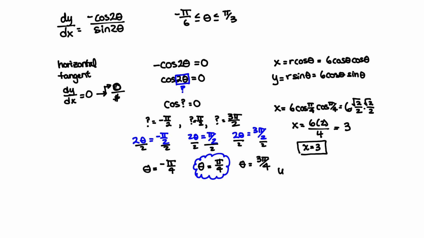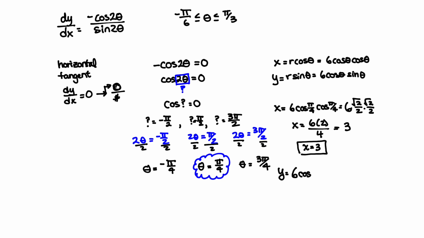And how about that y value? Remember, y is r sine theta, but that's 6 cos theta sine theta when r is 6 cos theta. Instead of theta, we're actually trying to find the y value when theta is specifically pi over 4.